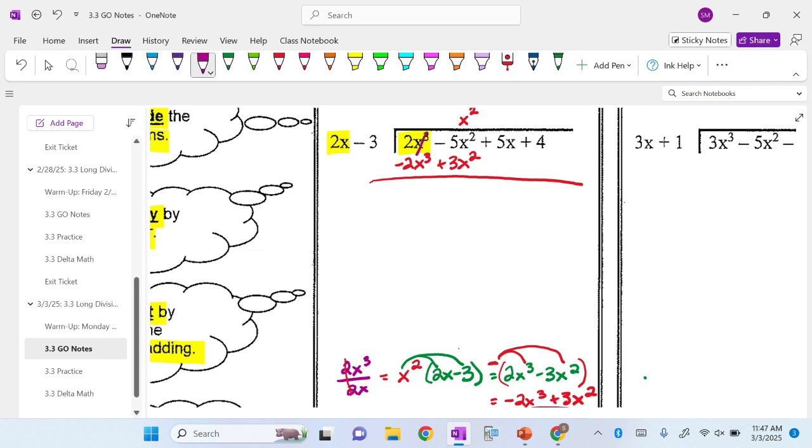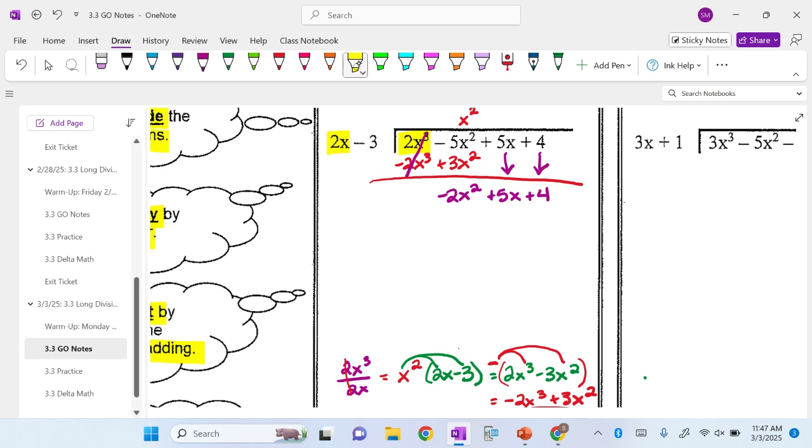Yes, 2x cubed minus 2x cubed is 0, so that goes away. What's negative 5x squared plus 3x squared? Negative 2x squared. Then my last step is to bring down my other two terms. So this would be negative 2x squared plus 5x plus 4. And then we repeat the process.